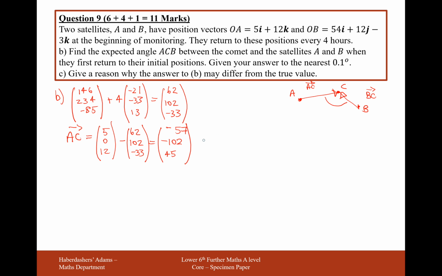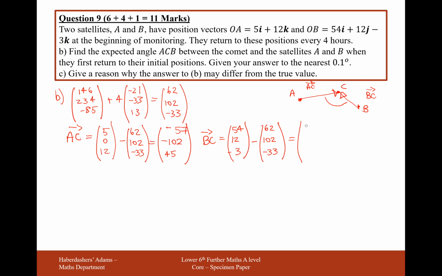The vector from B to C is going to be calculated in a very similar way. Coordinate C take away coordinate B. So that's going to be 54, 12, minus 3, take away, so that's coordinate B take away coordinate C, which is 62, 102, minus 33.